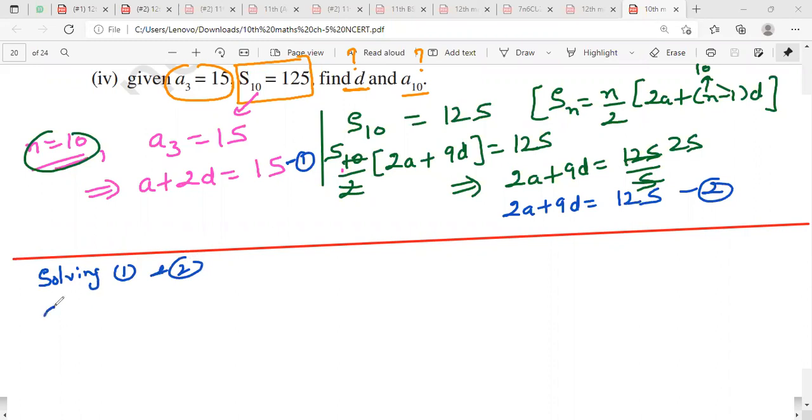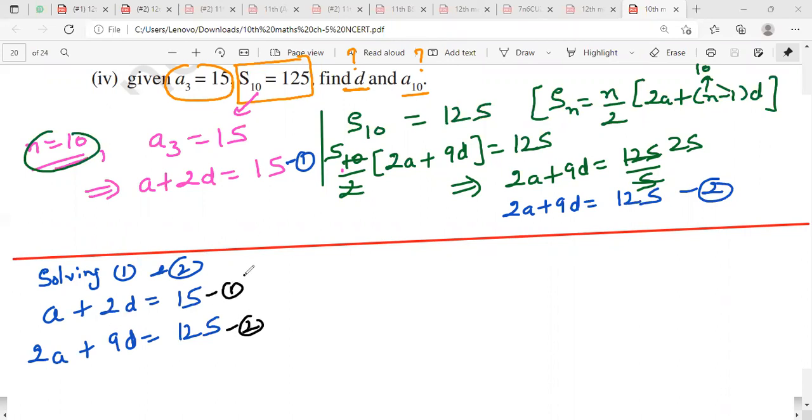That is a plus 2d is equal to 15 and 2a plus 9d is equal to 125. This is equation 1, this is equation 2. Multiply equation 1 by 2.